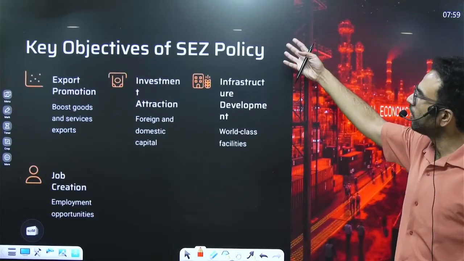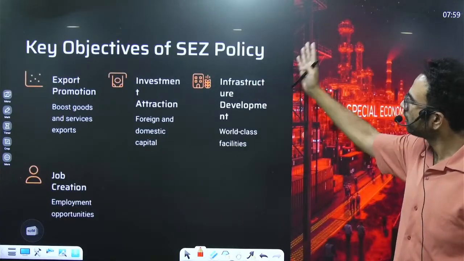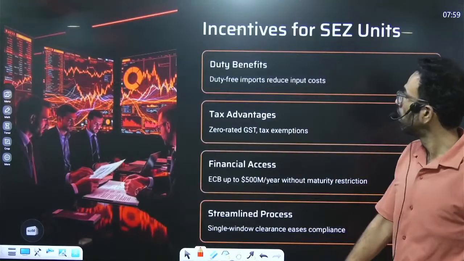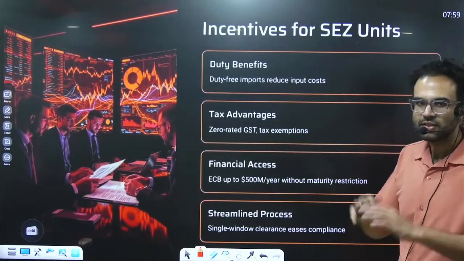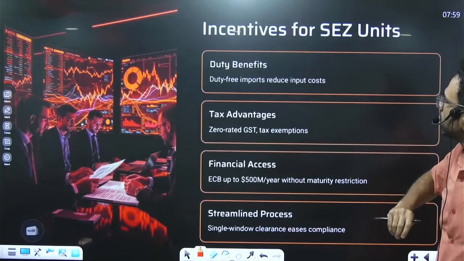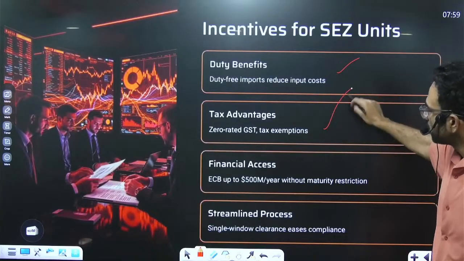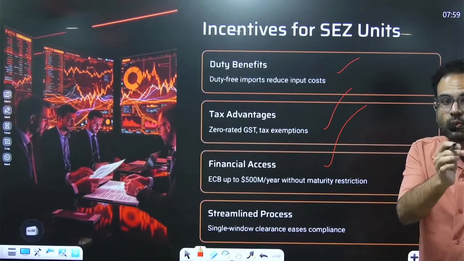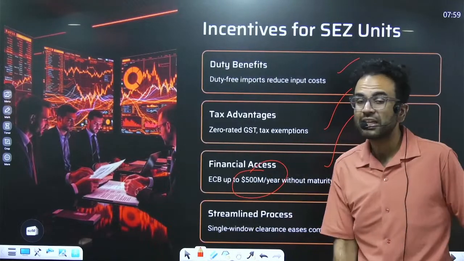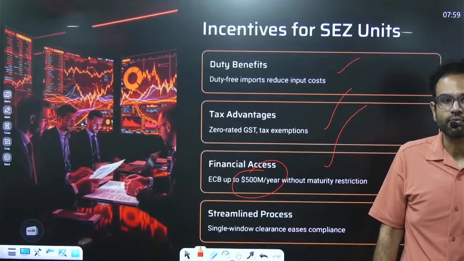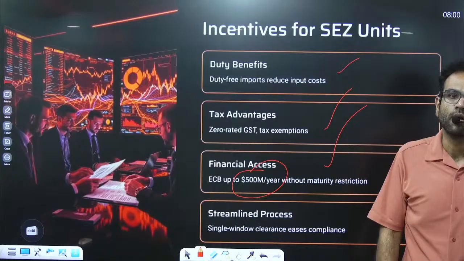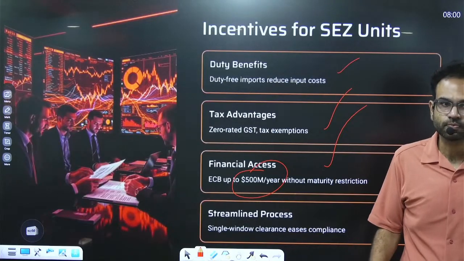So you got the key objectives of a SEZ policy: export promotion, investment attraction, infrastructure development, and job creation. It's just a quick recap. You got the objectives, you know the incentives, you get duty benefits, tax benefits, financial access. So this is one change, one more change. Previously, only external commercial borrowing of 500 million was allowed for that complete SEZ. Now that kind of restriction is removed.